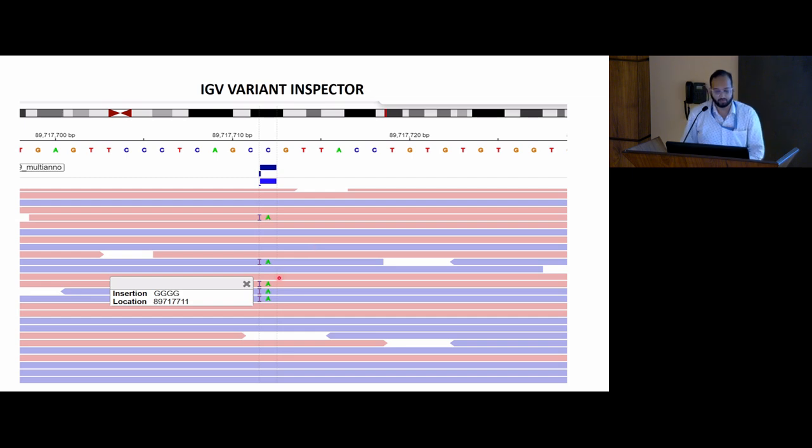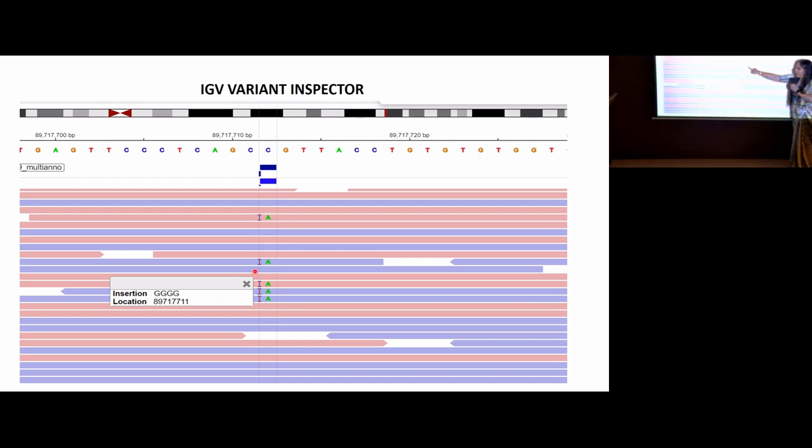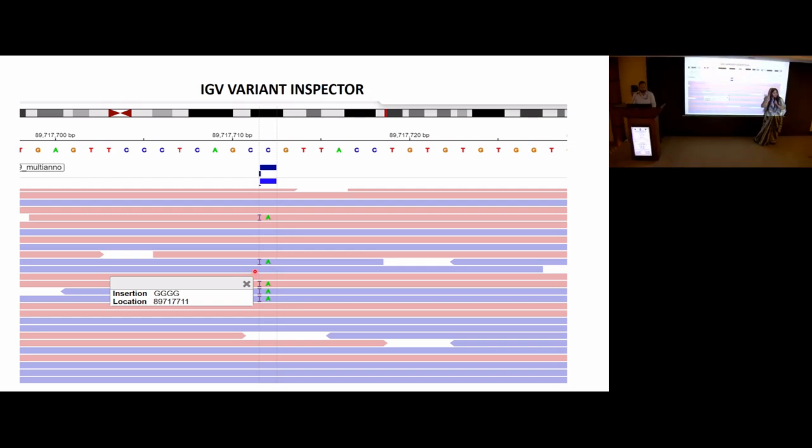But what we are seeing here is that wherever there is an insertion, in that same area we are getting an A. That means it is a part of the same mutation or variant.